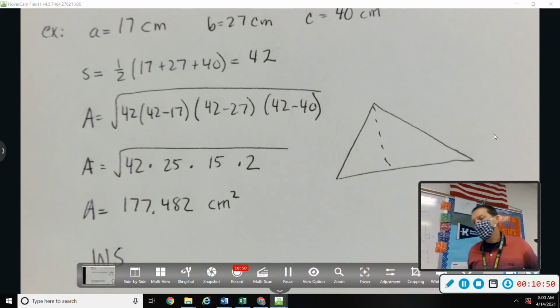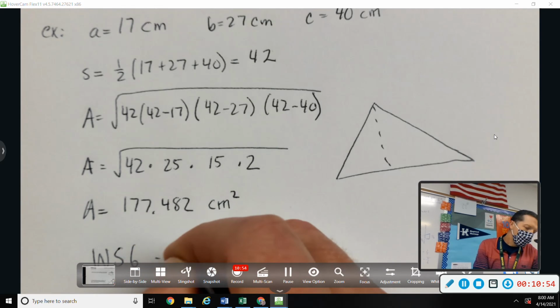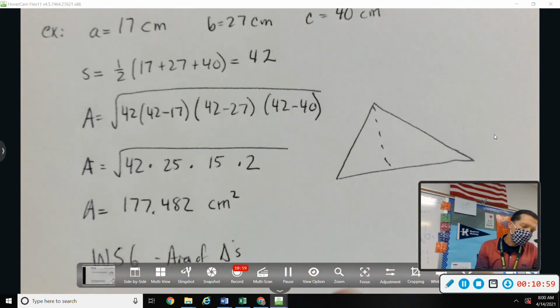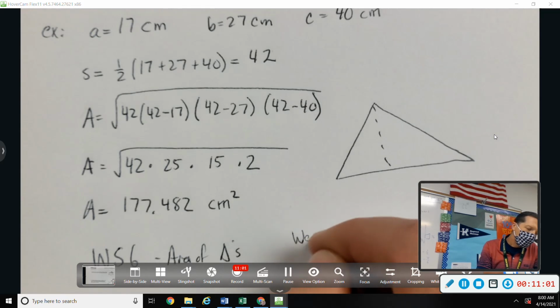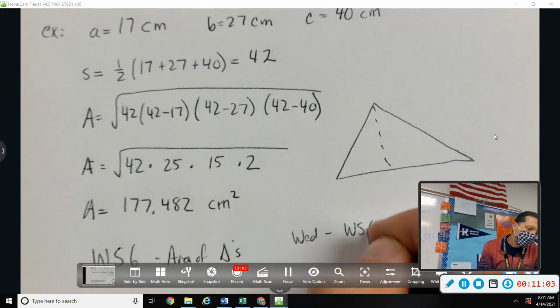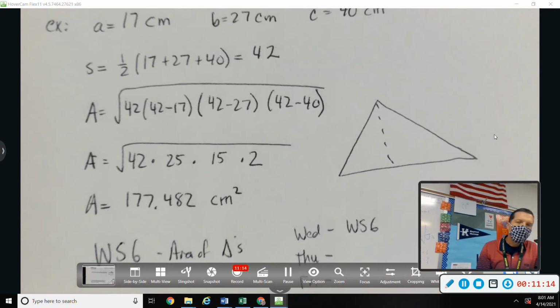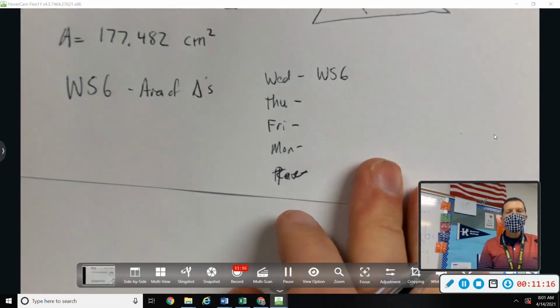All right, today's assignment is worksheet 6, area of triangles. Again, let me lay out the plan for the rest of the week. So if you're out for whatever reason, today is worksheet 6.